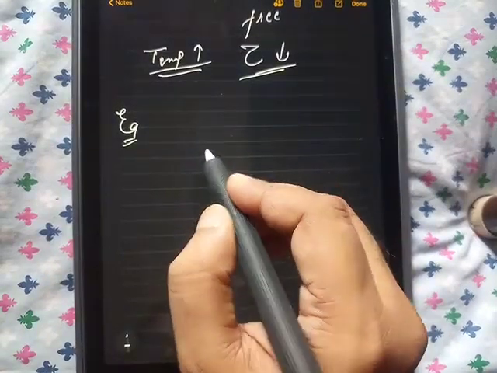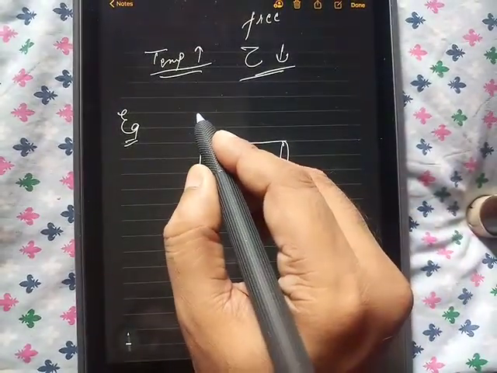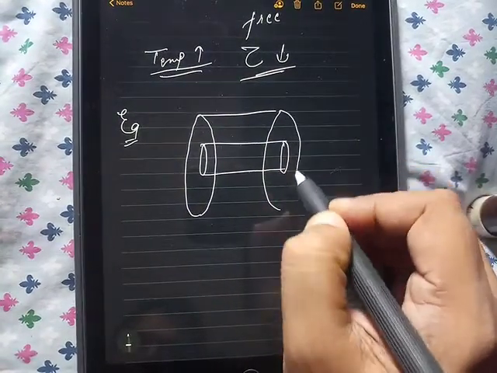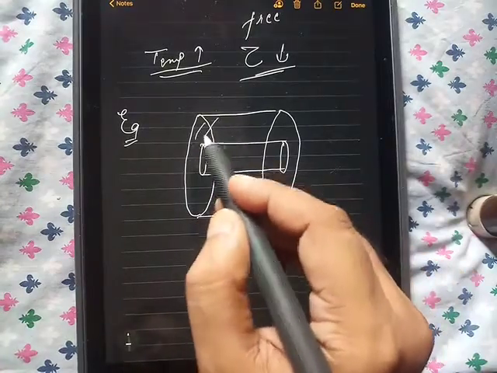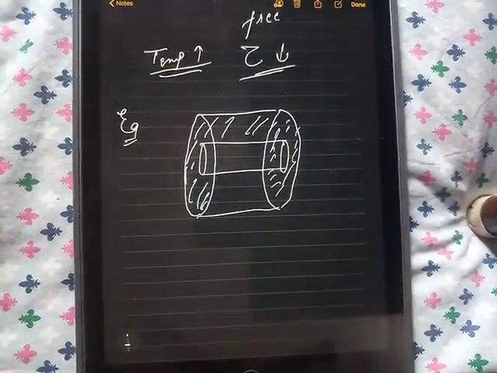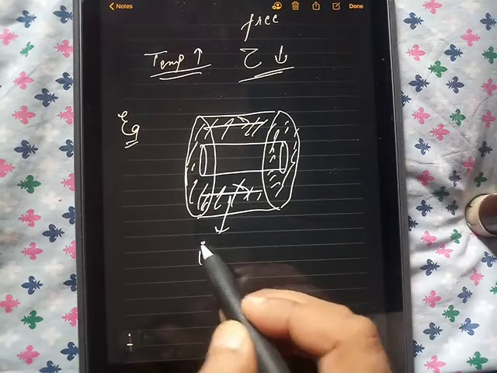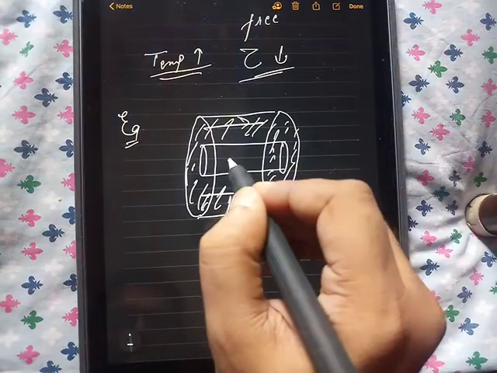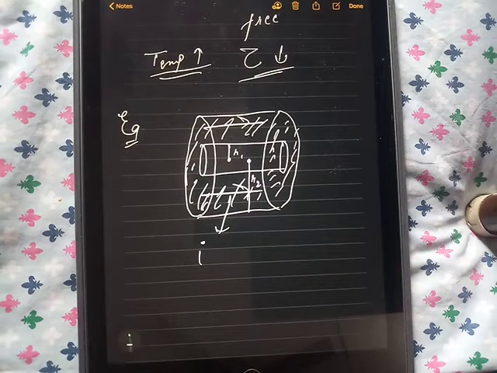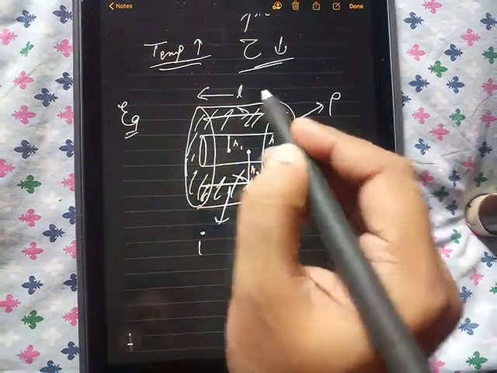If we have a conductor like this, it is hollow in the middle, with current I flowing in this way, and R1 is the inner radius and R2 is the outer radius of the conductor, rho is the resistivity of the material of the conductor, and L is the length of the conductor.